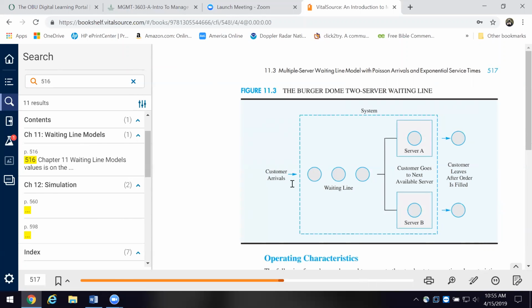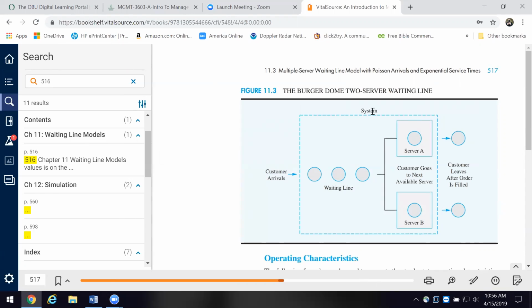And they leave after the order is filled. Now, you'll notice at the top of this figure 11.3, they've got a thing called the system, and this is the operating system which entails the waiting time, the time that people start waiting to the time people are served, and then once they exit, they're out of the system.